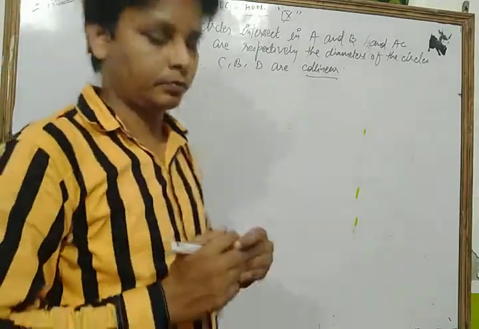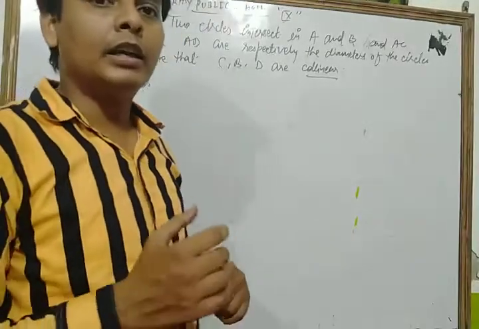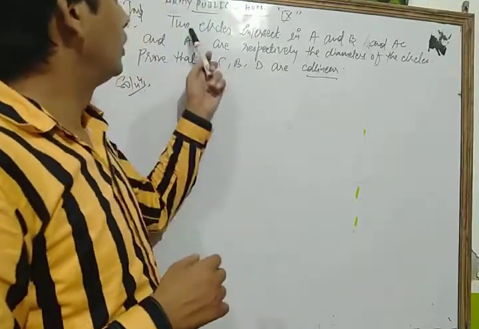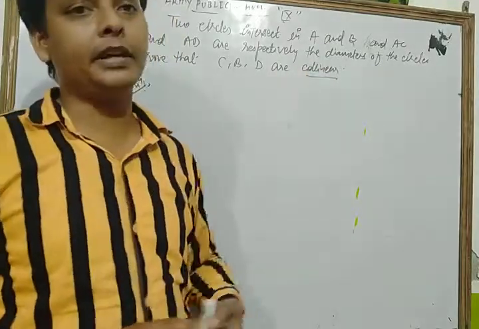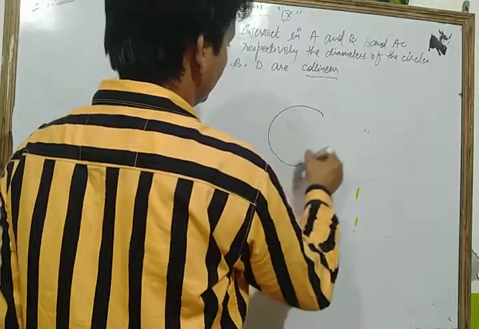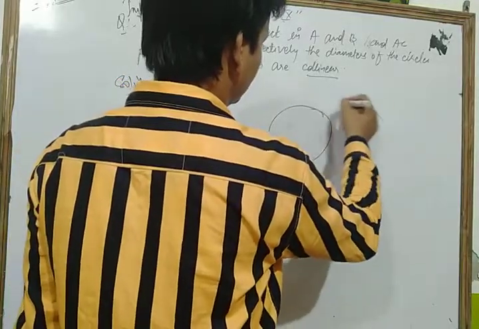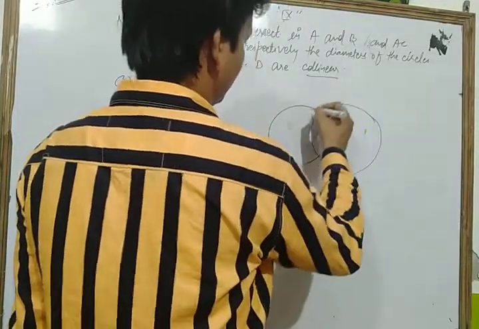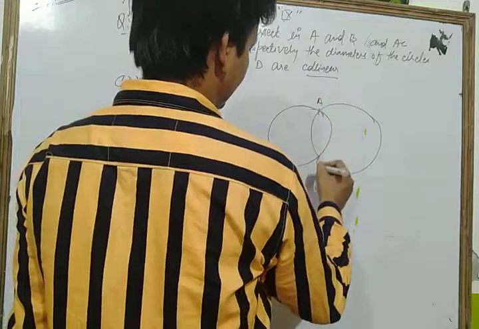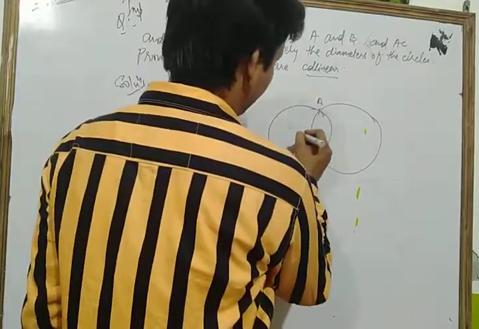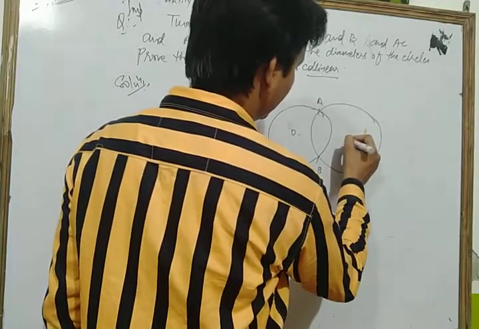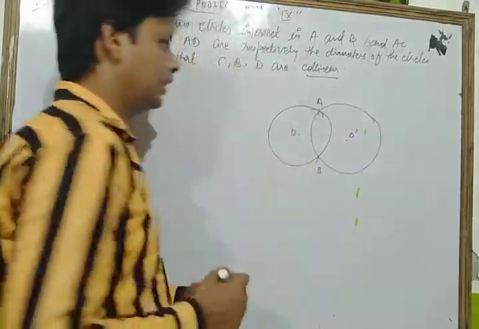Dear students, two circles intersect at A and B. First we draw two circles which intersect at A and B, having centers O and O dash.